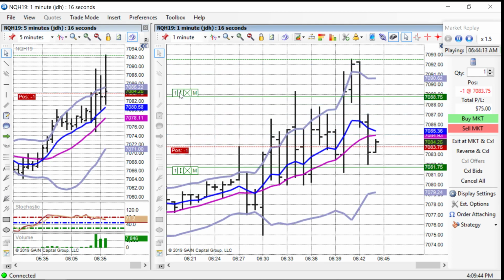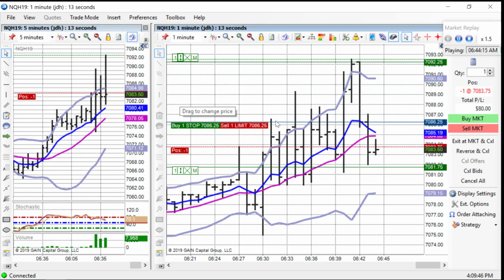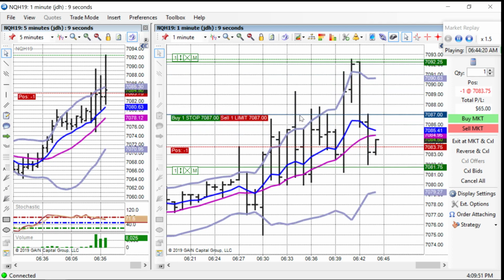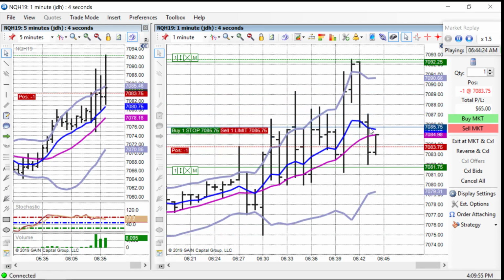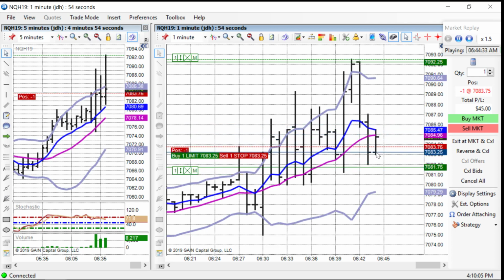So if I had gotten in right there, as you can see, as it crossed that blue 80 EMA line, it would have hit my target, but that was a bad fill. In reality, I'm going to get better fills than that. There's something just delaying this particular software pretty good.